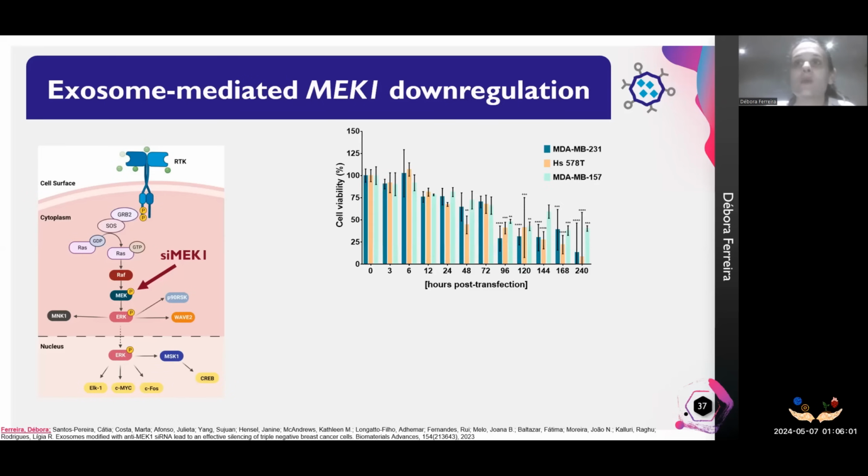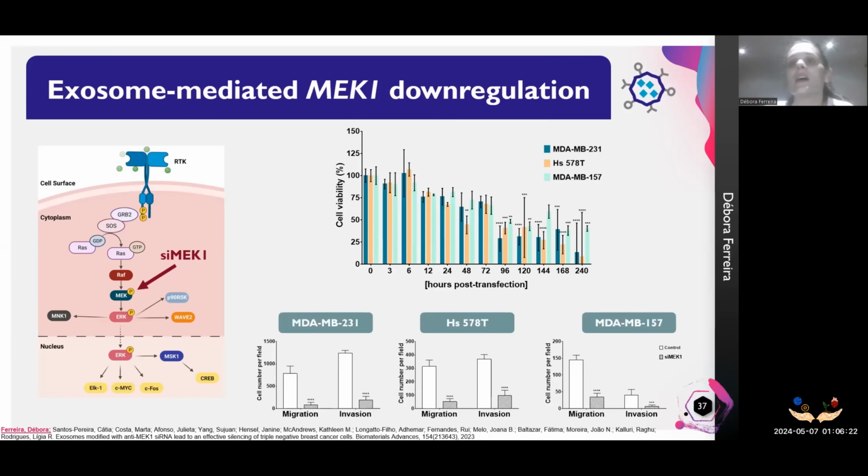What we found was that these exosomes modified with SCI-MEC1 indeed led to cell death and an impact on cell proliferation in 3 different triple-negative breast cancer cell lines, here highlighted, as well as a reduction of their migratory as well as invasive capacity.